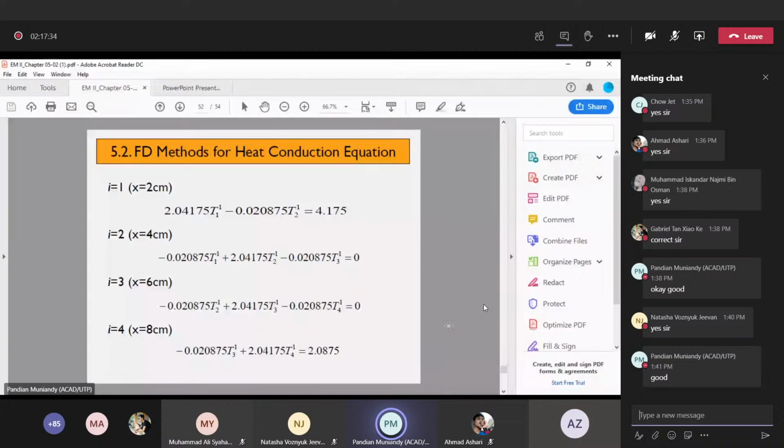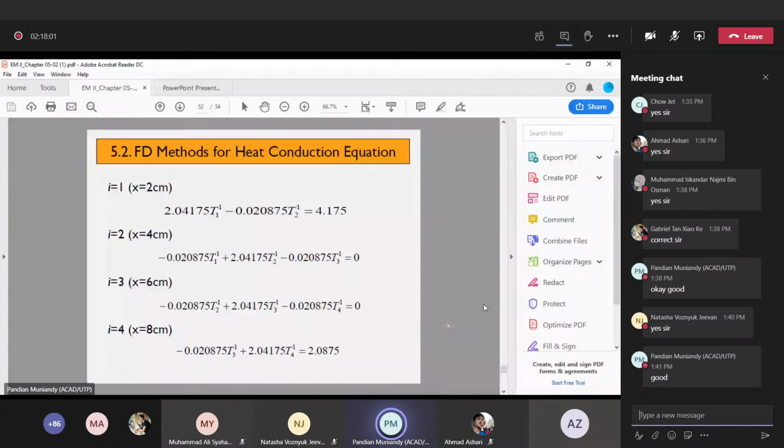This is third equation. Fourth equation, I equals to 4: minus 0.020875 T3 plus 2.04175 T4 equals to 2.0875 at x equals to 8 cm. We don't have I5 because at I5, T5 is given. We don't have I0 because T0 is given, 100 degrees Celsius.